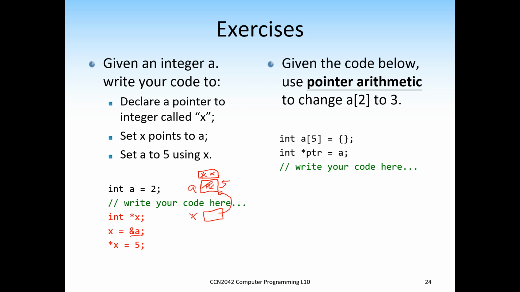On the right hand side, given the code below, use pointer arithmetic to change a2 to 3. So on the right hand side, what we would like to do is that first of all we got a5.